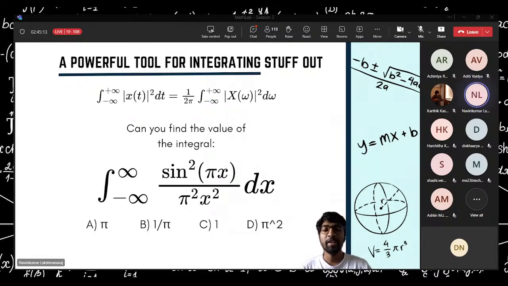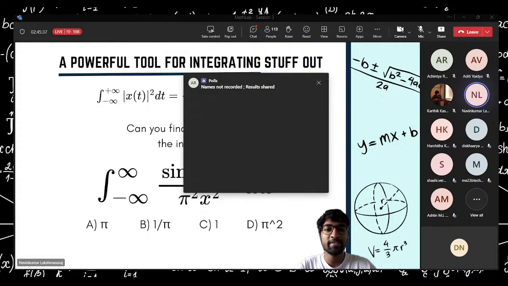Now, while you guys are figuring out the integral, I'll also try to give an explanation of why this identity holds. One way you can think of it is, say you figure out the Fourier transform of the function x of t. What you can also do is figure out the Fourier transform of x conjugate t, that is x star t. And you would know that the product of x and x conjugate gives you mod x squared.